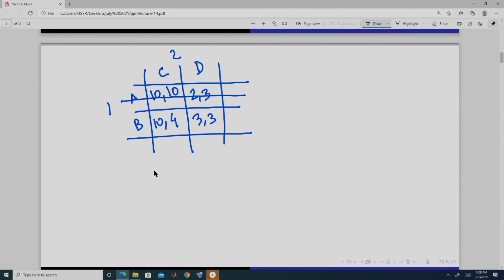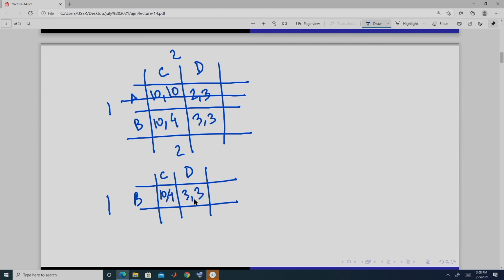So, we are left with this. Now, we can see from here for player 2, D is dominated by C. So, we can remove this and we end up in this outcome. Okay.